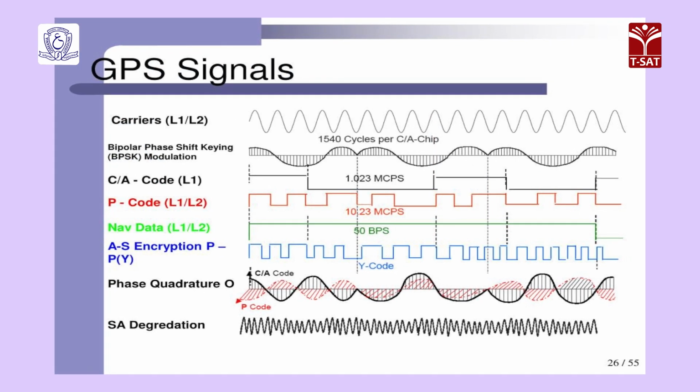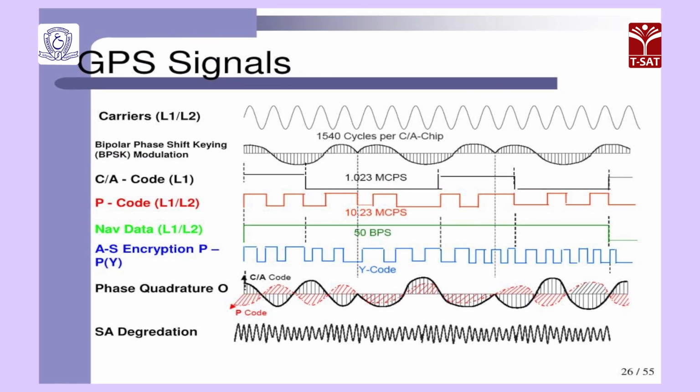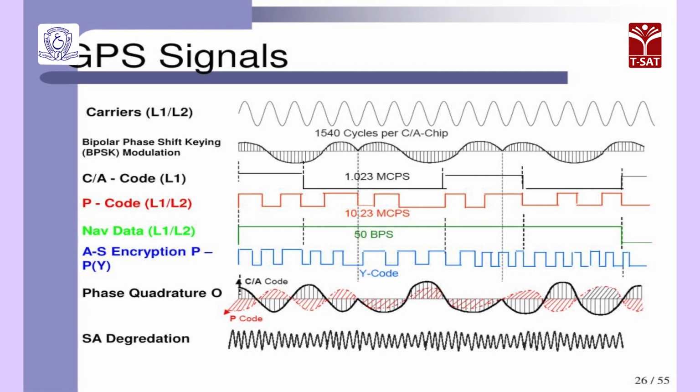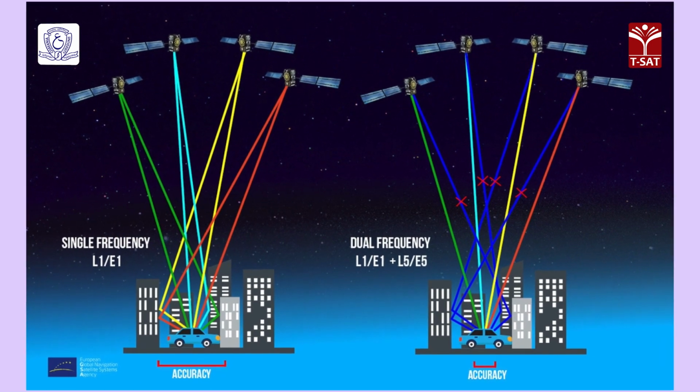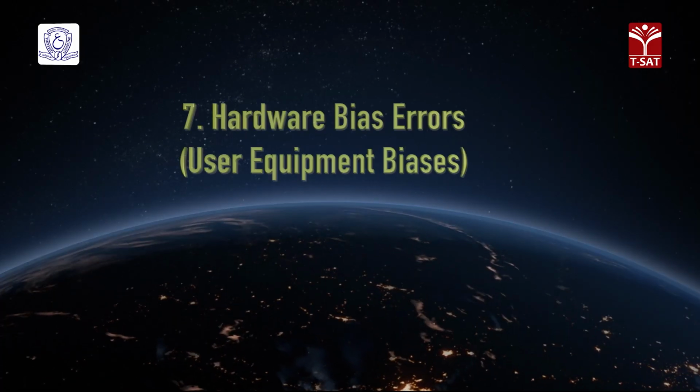The timing bias between the L1 and L2 P(Y) code signals is inconsequential for most dual frequency users, since the broadcast clock correction compensates for this bias under the presumption that the user is combining L1 and L2 pseudorange measurements via the ionospheric free pseudorange equation.